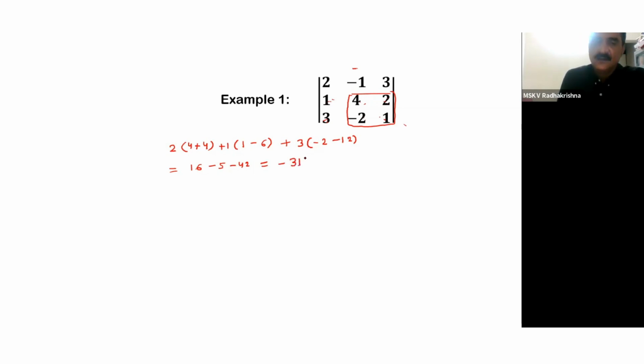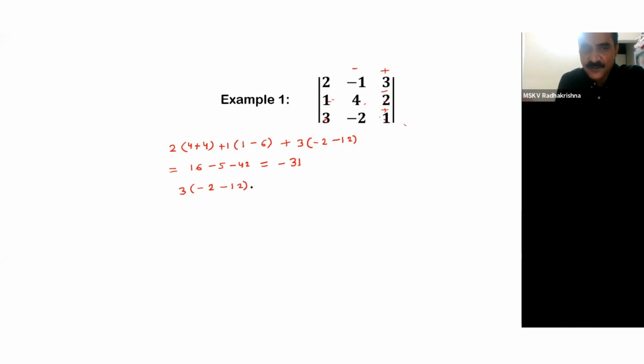Okay. Now I will expand the determinant using the third column. For the third column, what sign should you take? Plus, minus, plus. Then first 3 into 1 into minus 2, minus 2, minus 3 into 4, minus 12.